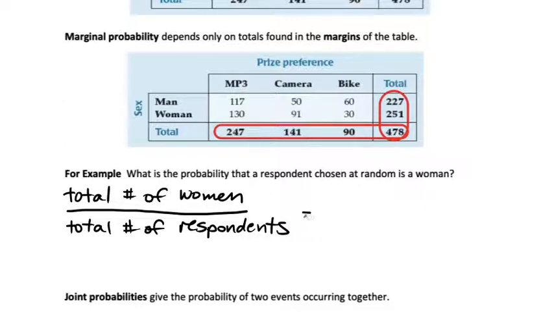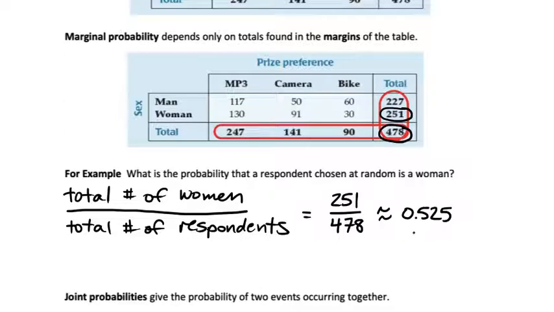So looking at the table, I can see that the total number of women that responded is 251, and the total number of respondents was 478. So it would be 251 divided by 478, which is approximately 0.525.